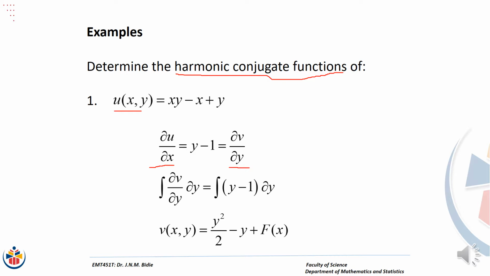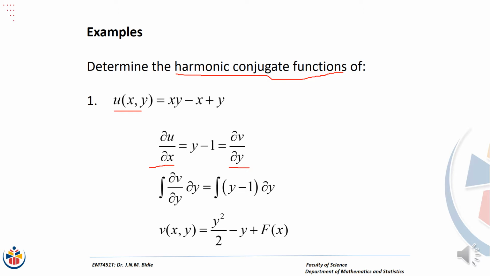And because this function u satisfies the Cauchy-Riemann equations, this y minus 1 must be equal to the derivative of v with respect to y. In order for us to find v, which is the harmonic conjugate of u, then we need to integrate.